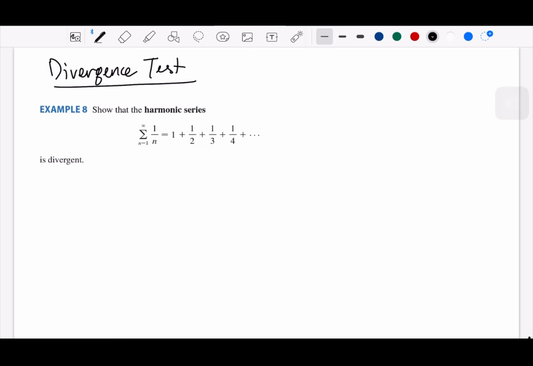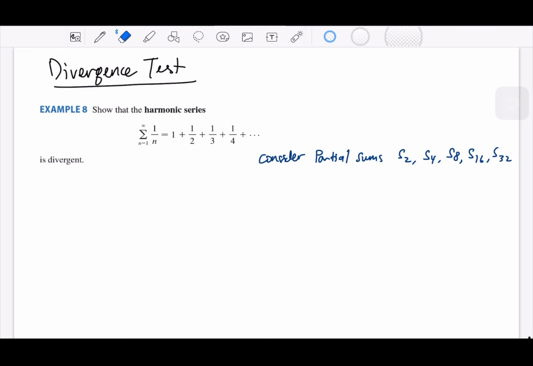Okay. What we are going to do is consider the partial sums for S2, S4, S8, S16 and S32. Okay. Why these particular partial sums?